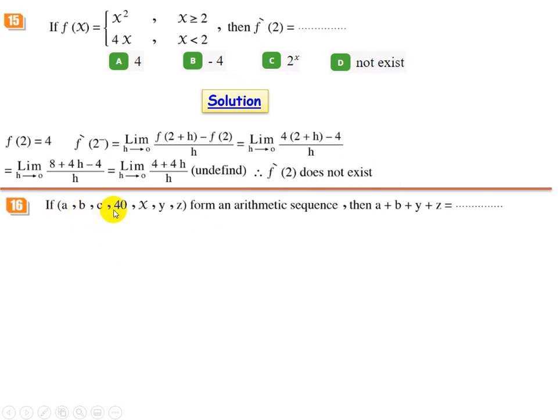If a, b, c, 40, x, y, z form an arithmetic sequence, then a plus b plus y plus z equals what?